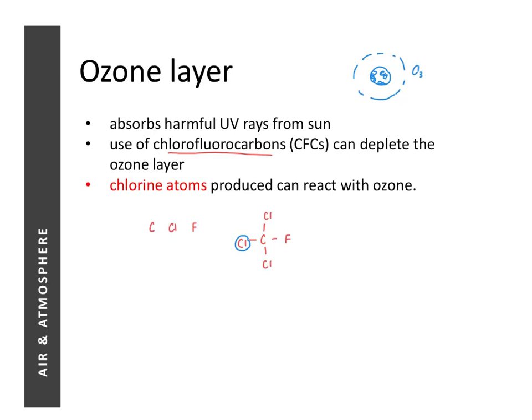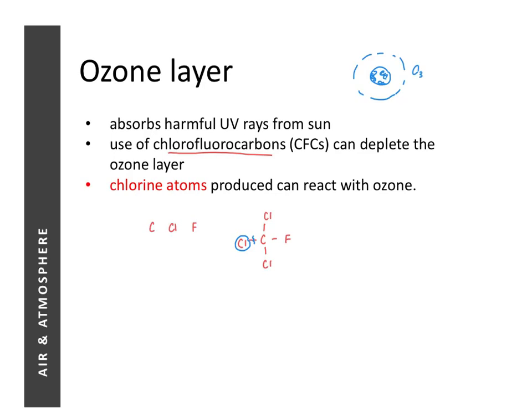In a CFC, the part that is responsible for reacting with ozone is your chlorine atoms, because when you release CFCs into the environment, in the atmosphere, radiation can actually cause the C-Cl bond to break, which leads to the formation of chlorine atoms.